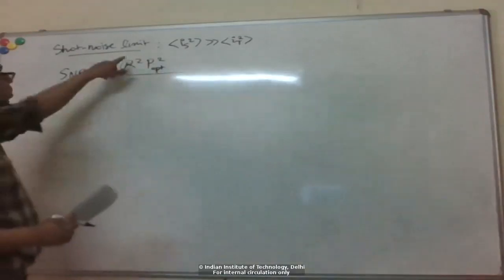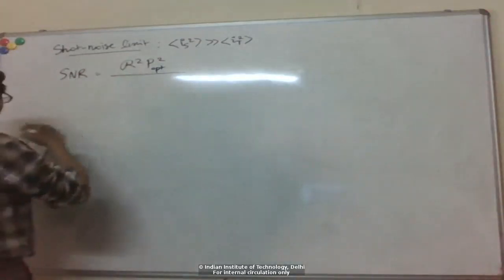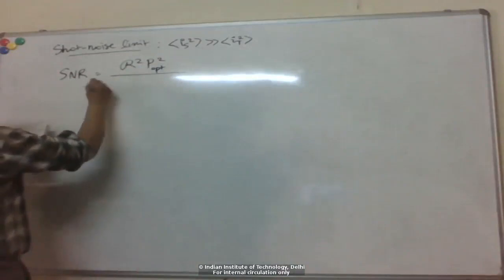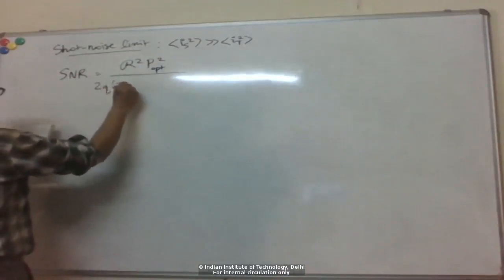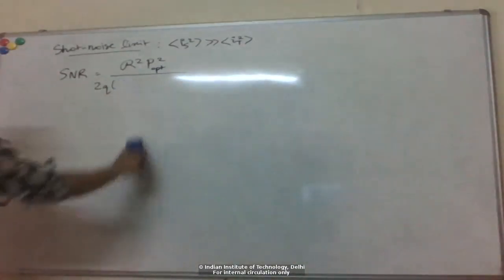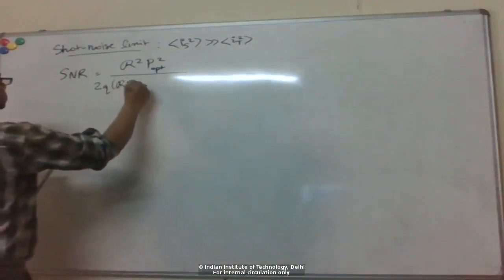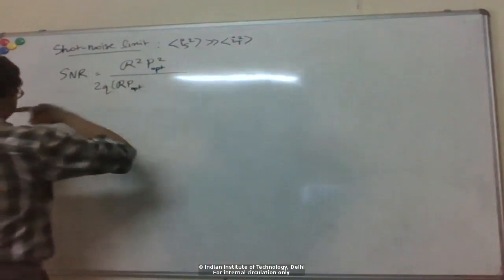The numerator had the photocurrent squared, which is responsivity times the optical power, squared, and the denominator had two terms. The first one was the shot noise. It went as the photocurrent.